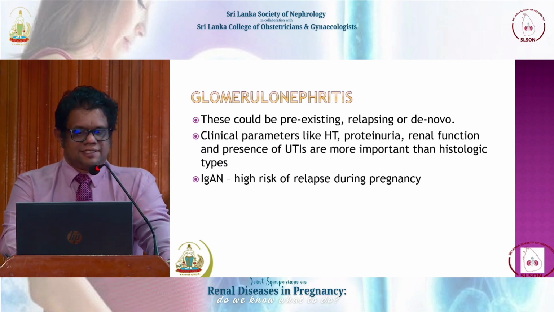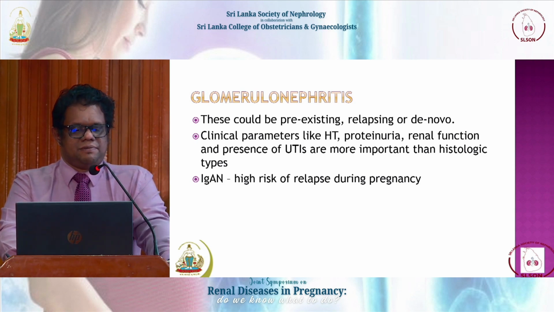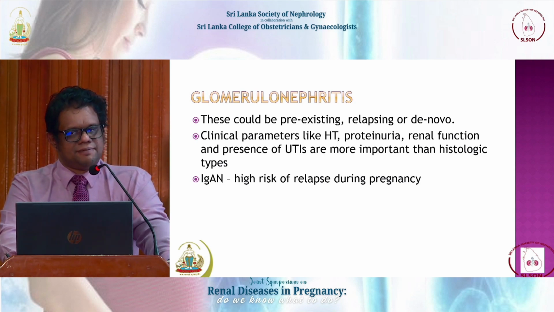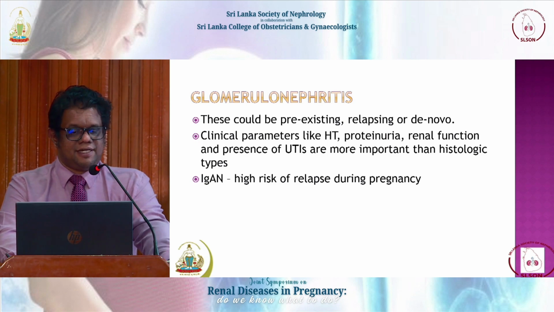These could be pre-existing, relapsing, or de novo. So, the most important thing is the tissue diagnosis doesn't matter much during the pregnancy. What matters most is clinical parameters like hypertension, proteinuria, renal functions, and presence of urinary tract infections.